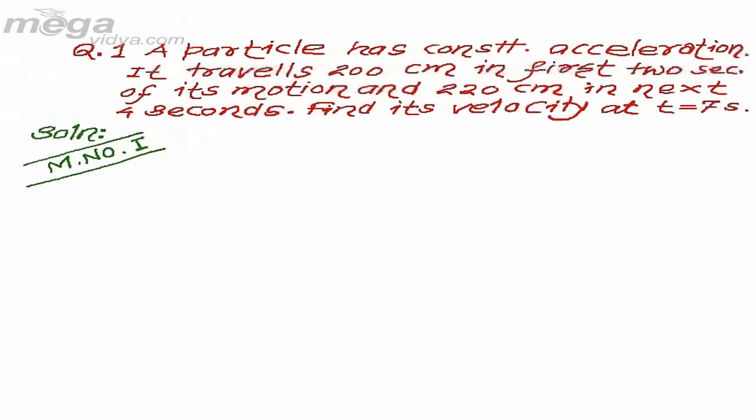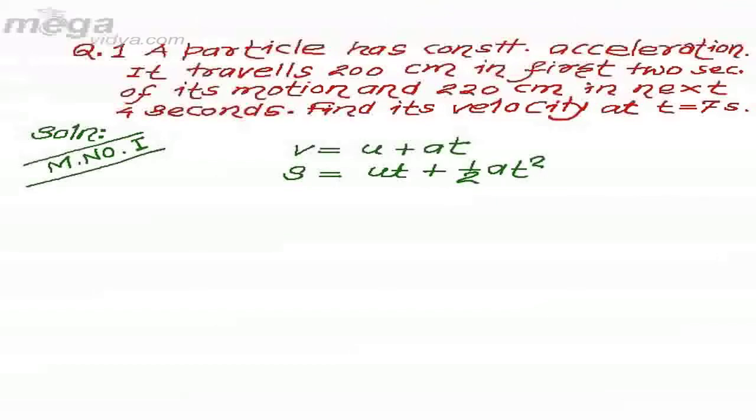The first equation obviously will be v equal to u plus at, where v, u, a and t have their usual meanings. And the second equation which I will use here will be s equal to ut plus half at square, because these two equations include every element of the motion of the particle.